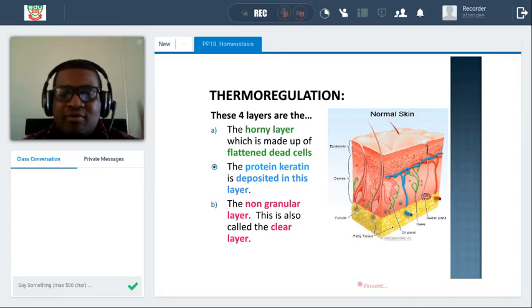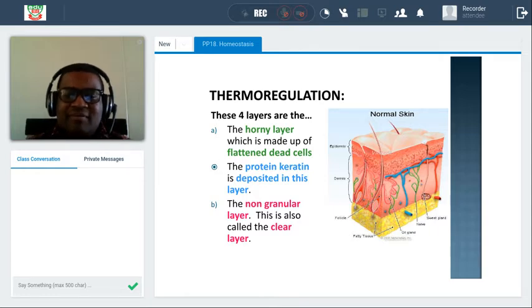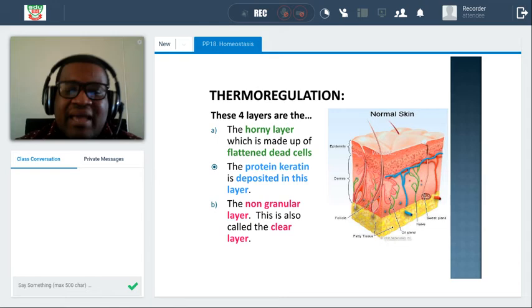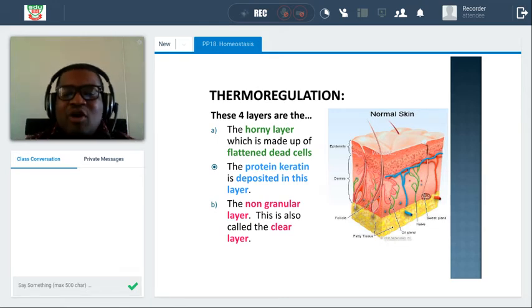Of these 4 layers, the horny layer is made up of flattened or dead cells, the ones that you see normally peel off. Then you also have the protein keratin that is deposited in this layer, which is responsible for the texture of your skin and also for your hair. Then you have the non-granular layer, which is called the clear layer.